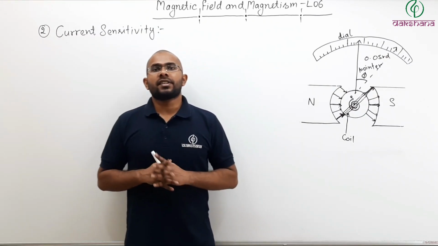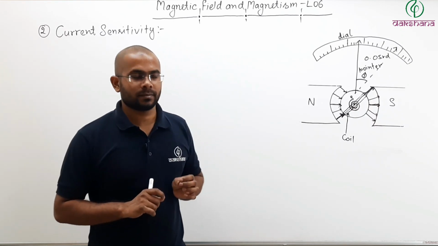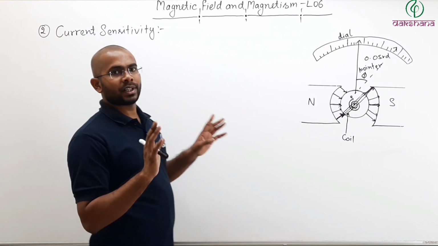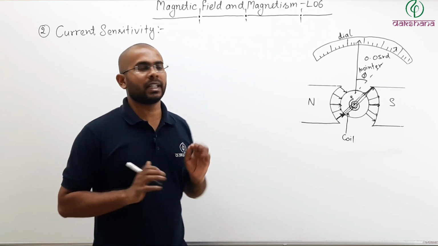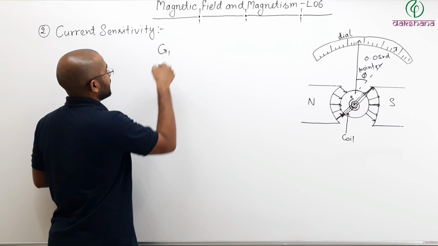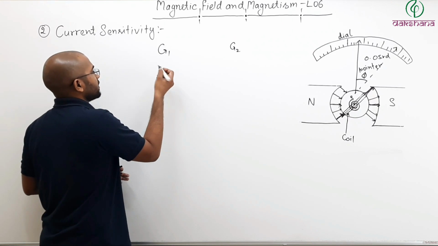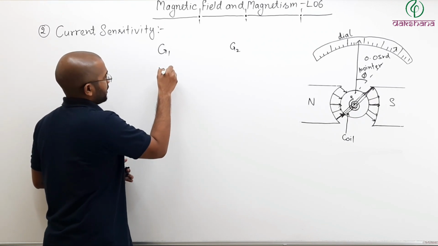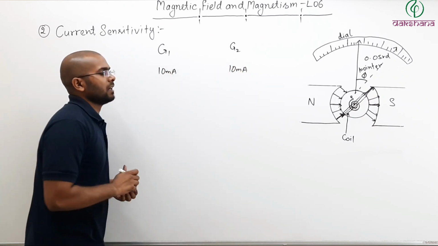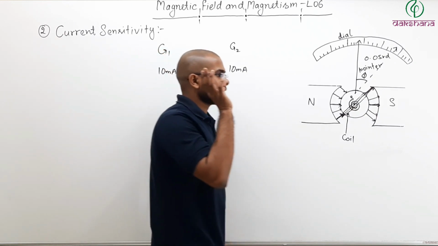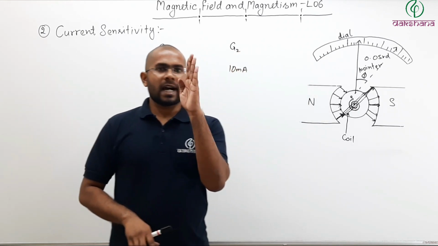Now what is the current sensitivity of your galvanometer? In order to illustrate this, let us take an example. Let us say we have 2 galvanometers with us, and we are passing the same amount of current through both of them. Galvanometer 1, galvanometer 2, and we pass the same amount of current, let us say 10 milliampere based on the previous question. Now there is a dial on the galvanometer.